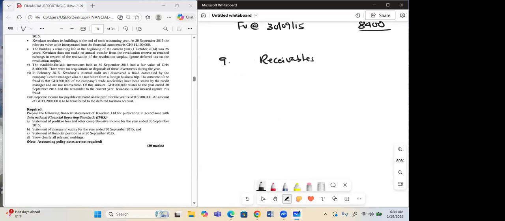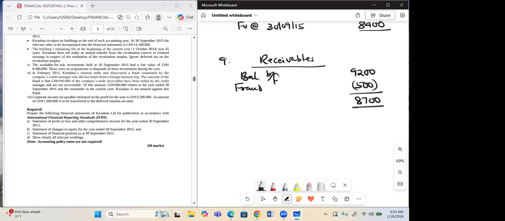So go to the trial balance and give me the balance on receivables. 9,200. Receivables is 9,200. But then a fraud has been committed, which is 500. So it will immediately reduce our receivables, bringing it down to what? 8,700, right? Yes.